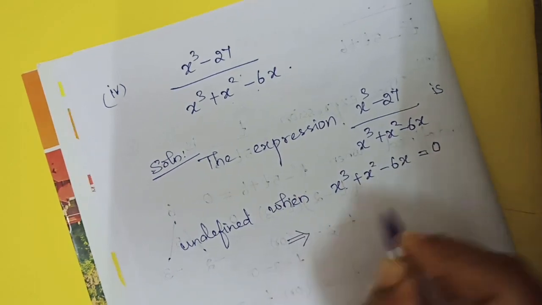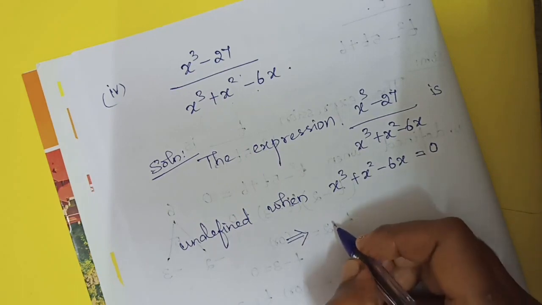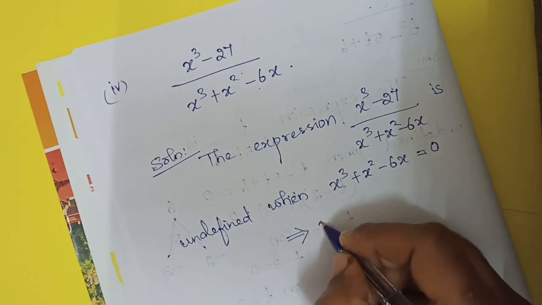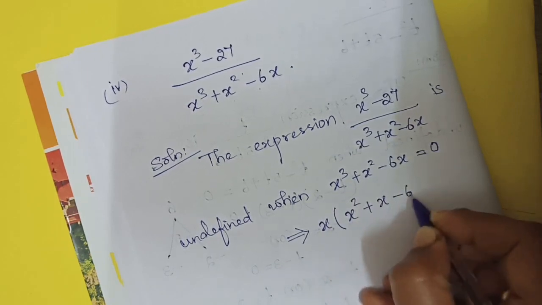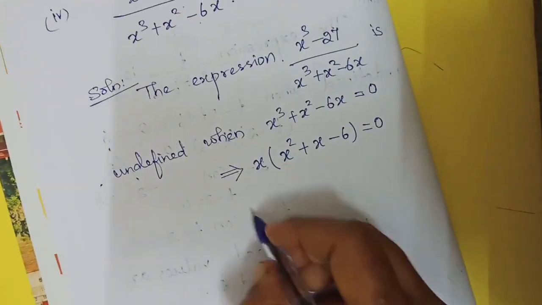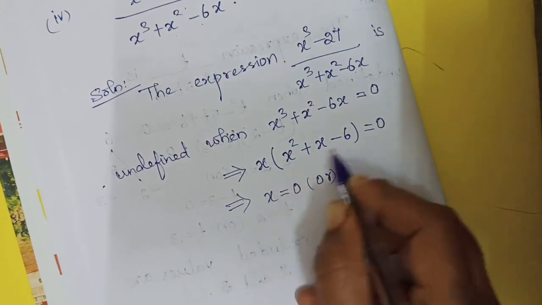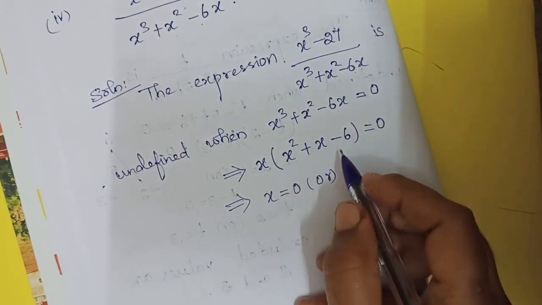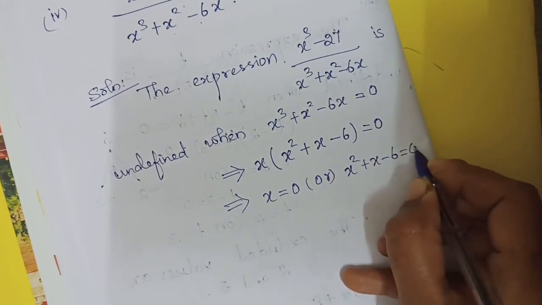Is there any common term here? Yes. What is that? X. Shall we take x outside? Yes. So x into x square plus x minus 6 equal to 0. So here x equal to 0, or two brackets are there, no? This term also equal to 0: x square plus x minus 6 equal to 0.